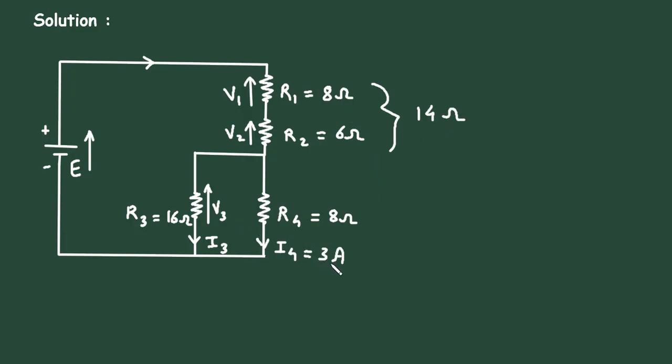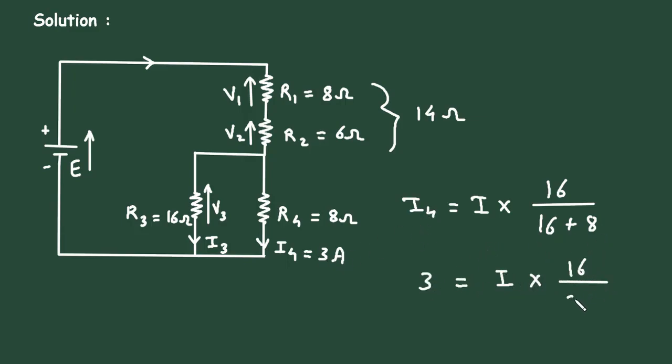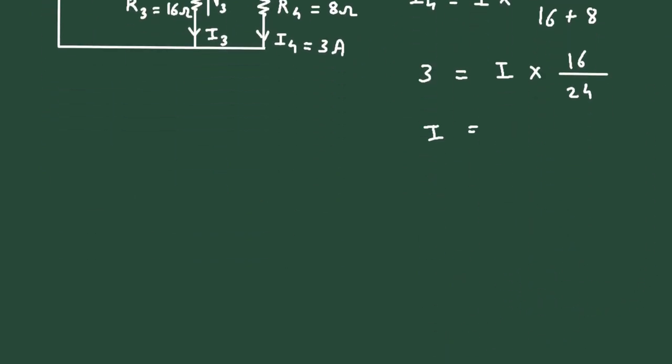That means the voltage across this 4 ohm is 12 volt. So from this 12 volt, we can find the current through this 4 ohm. The same current will flow through this 10 ohm, and here we will apply the current division rule and we will find the value of this ammeter.